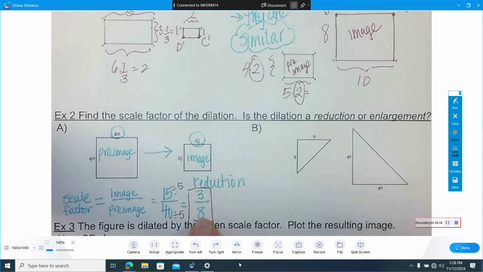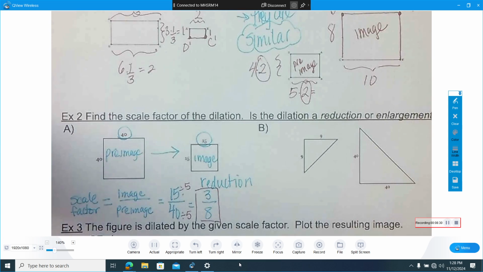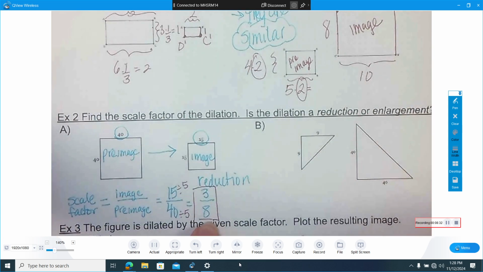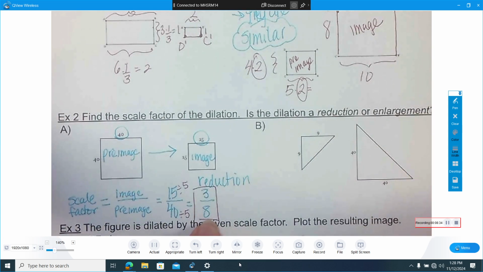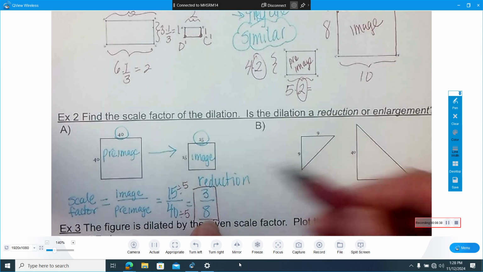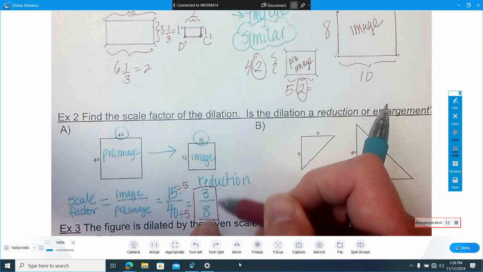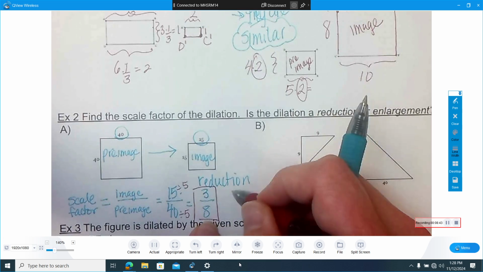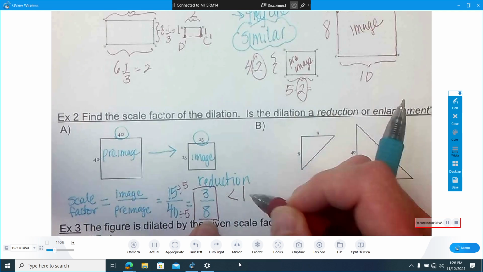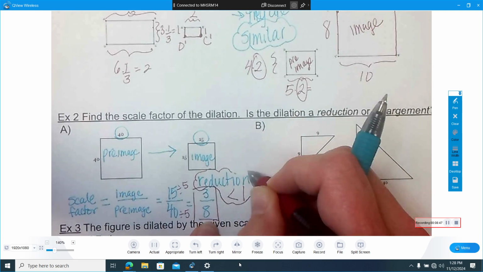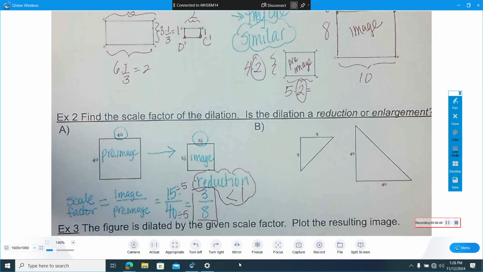Because it's a fraction less than 1, all right? It's a reduction because 3/8 is less than 1. How many eighths is 1? 8/8 is 1. 3/8 is less than that, isn't it? So because this is less than 1, we know that it is a reduction as well. So we can tell 2 ways.